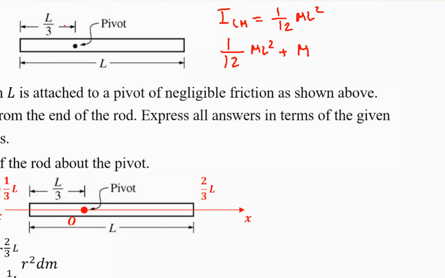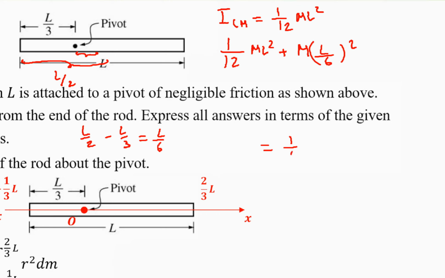So if this is L over 3, then what about this distance? If this as a whole is given by L over 2, the separation distance from the pivot to the center of mass is L over 2 minus L over 3, which is basically L over 6. So that would be L over 6 to the power of 2.